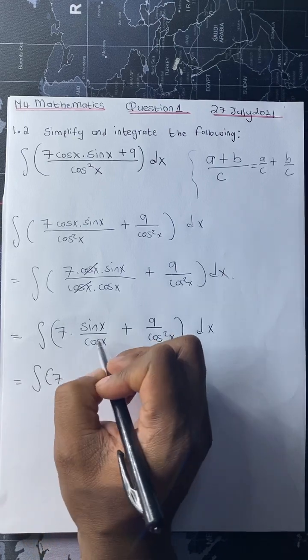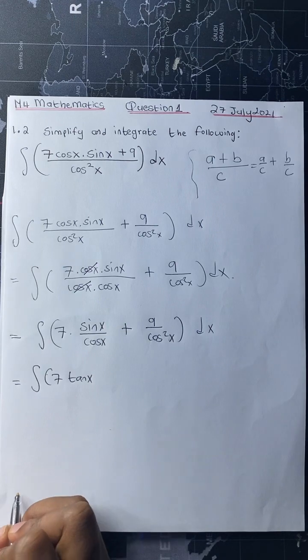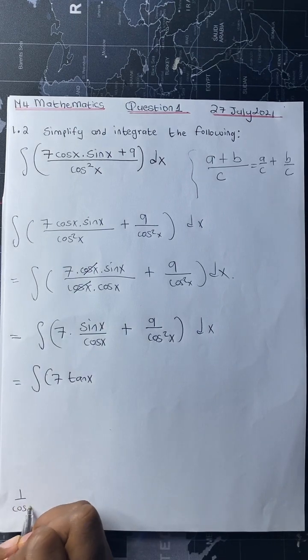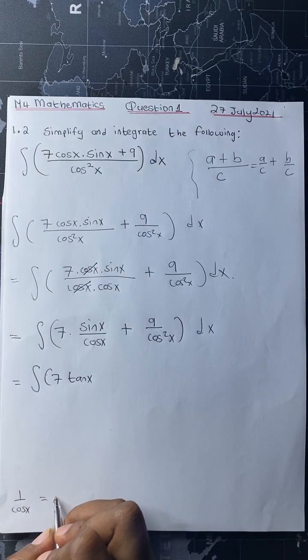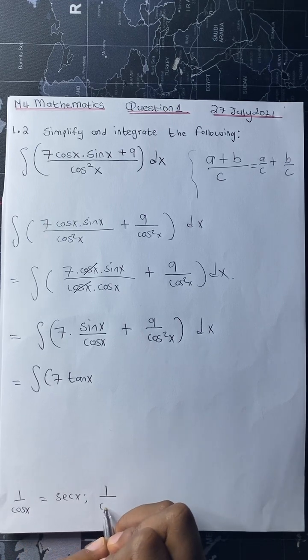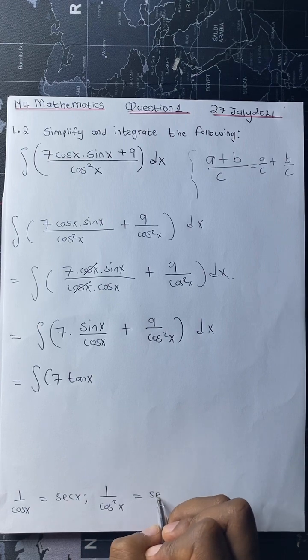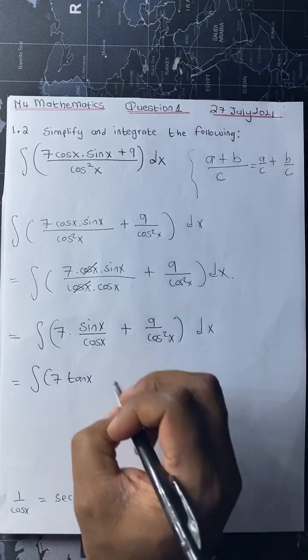So we know that sin x over cos x is equal to tan x, and that 1 over cos x is equal to sec x, and 1 over cos squared x will be equal to sec squared x.